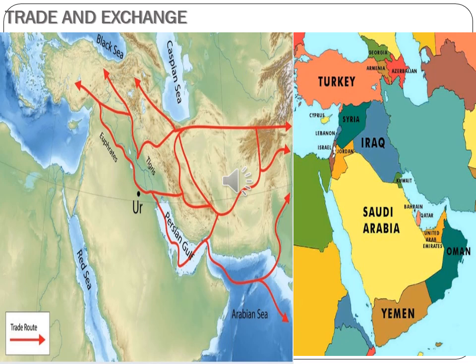Meluha refers to the Indus region. So this shows the trade activities of Indus Valley people with various countries. There is a lot of evidence that shows that Indus Valley people had trade contact with other countries, especially good trade relationships with Mesopotamia.